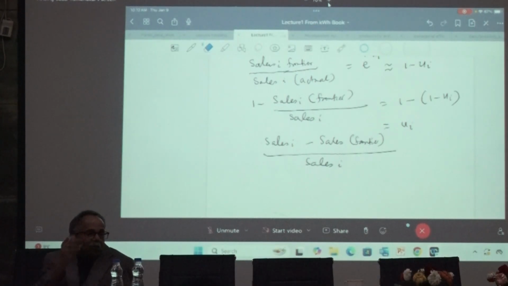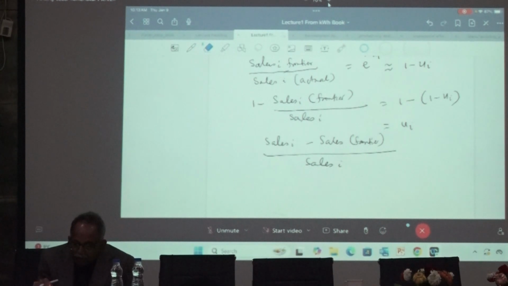If you have many, you don't want to talk about 500 companies and report all those things. You can just do a graph showing a histogram, or sometimes a smooth histogram, which is called a density plot.